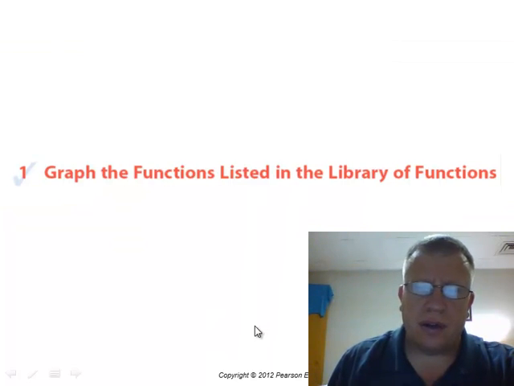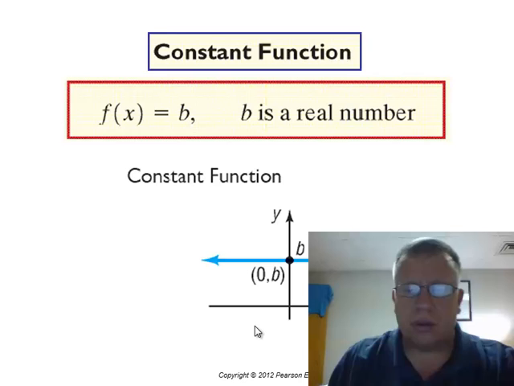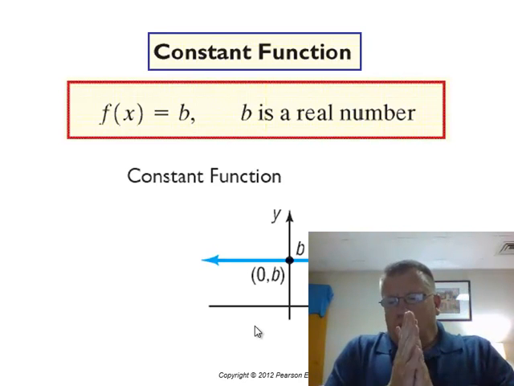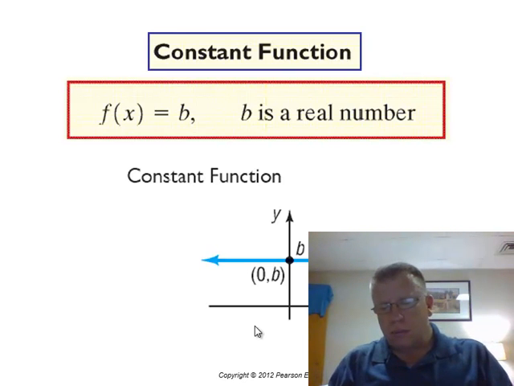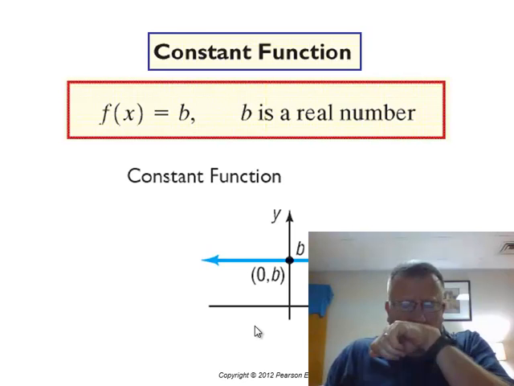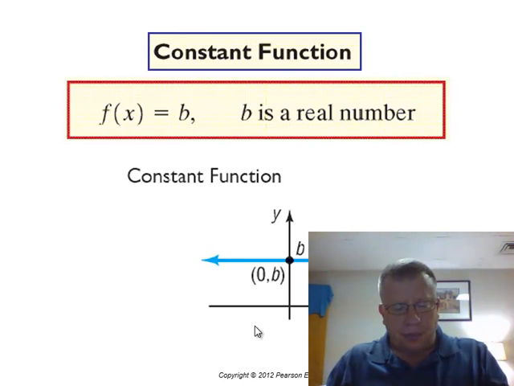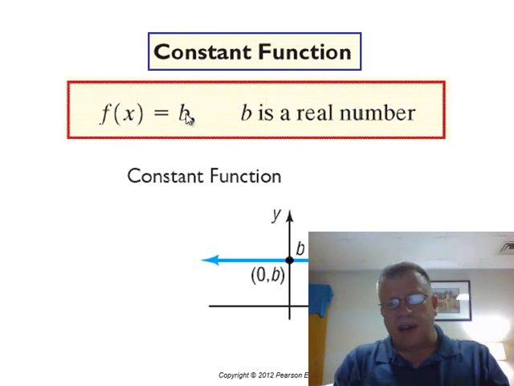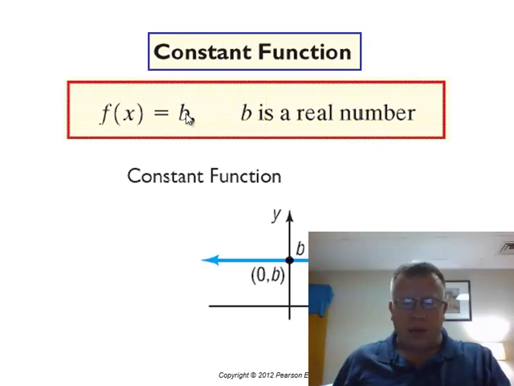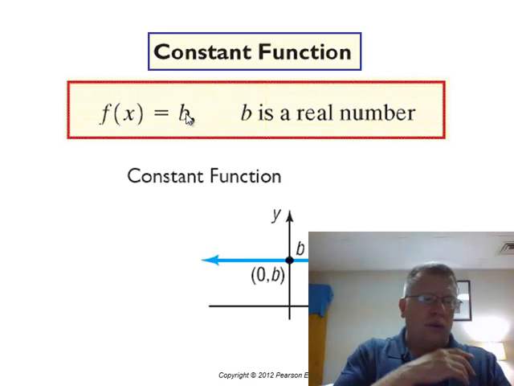Okay, moving on here. So graph the functions listed in the library of functions. All right, so we already took a look at the square root function, the cube root function, absolute value function, but there are many other common functions like the constant function, where you have f of x is equal to some real number, b. For example, f of x equals 0, f of x equals -2, f of x equals pi, f of x equals square root of 2, whatever.